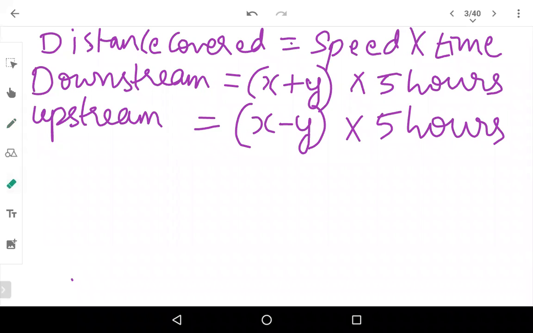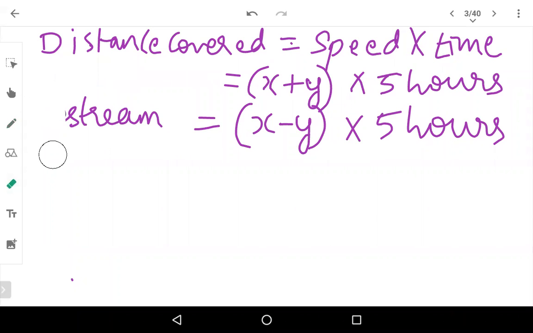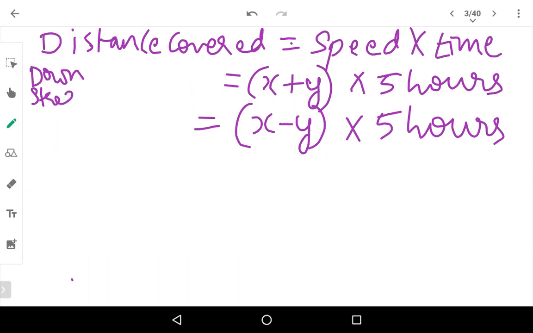Now in the distance covered, let me write it in a small way. In downstream, how much was the distance covered? It was 300 kilometers. Okay, 300 kilometers was covered in downstream.